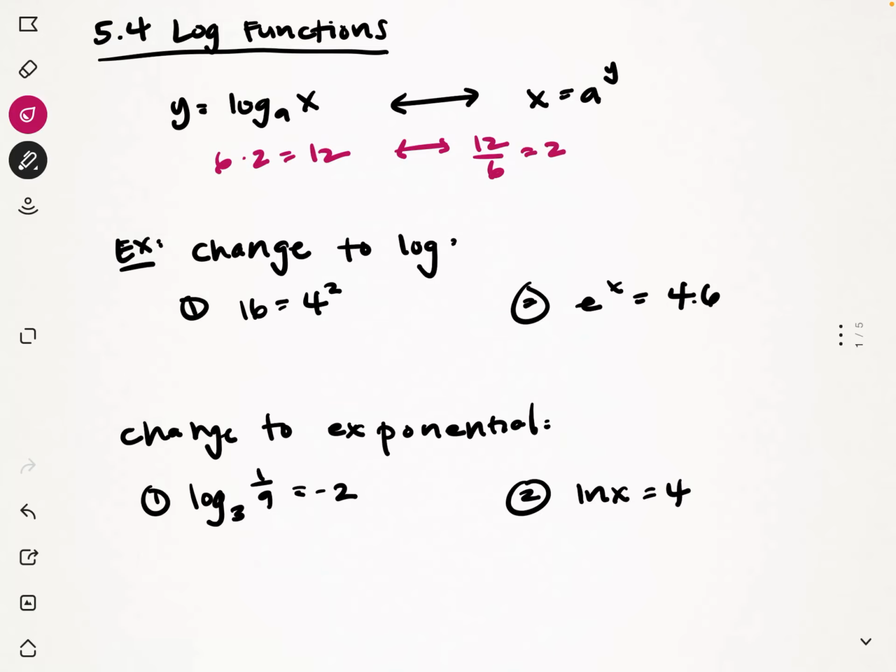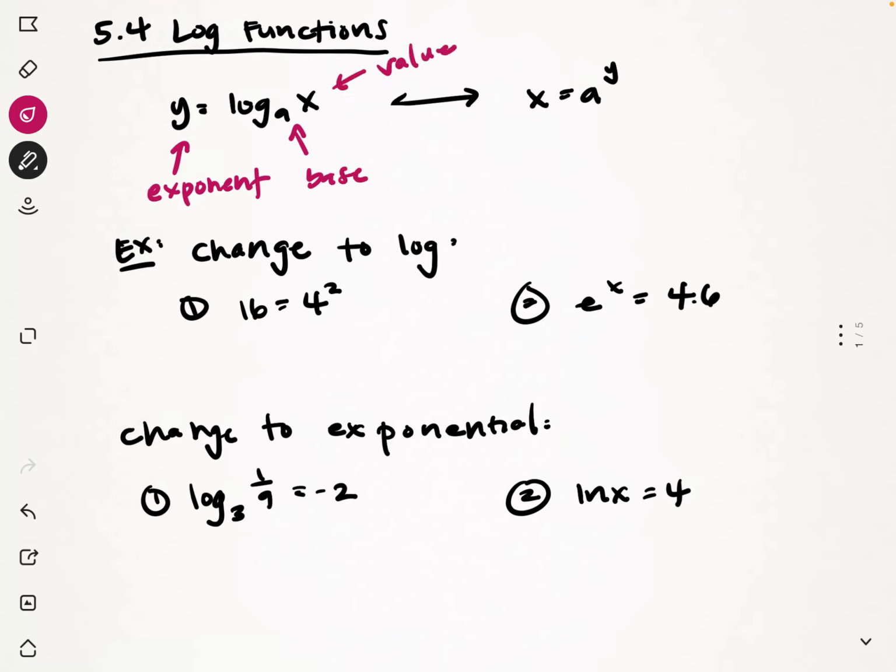All right, so let's talk about what's going on here. So let me erase that stuff that I just wrote. So y is going to be the exponent, a is going to be the base, and x is going to be the value. All right, so if we think about our exponential functions, it has the same thing, right?